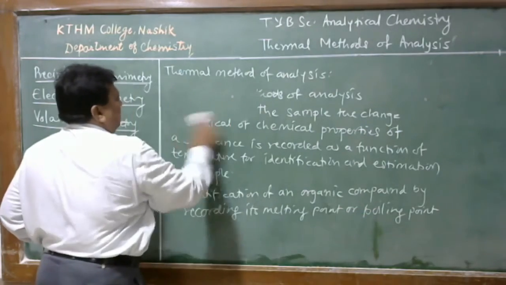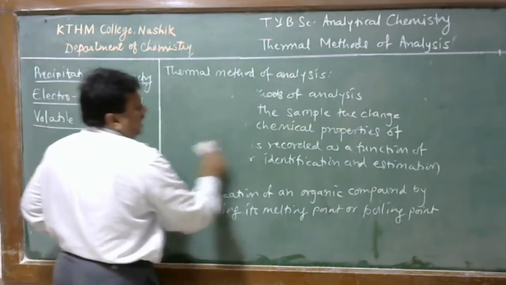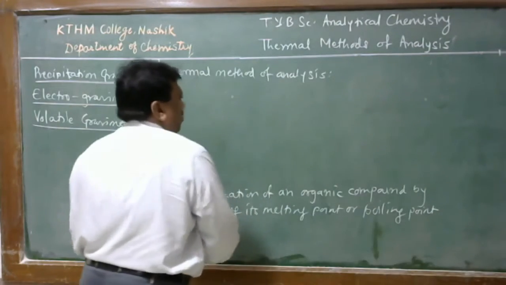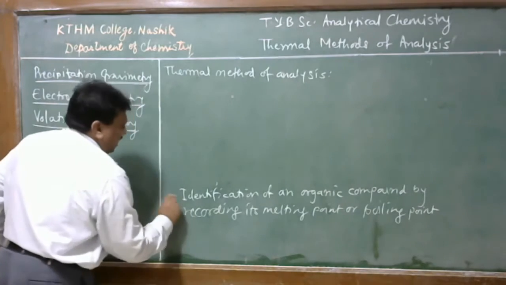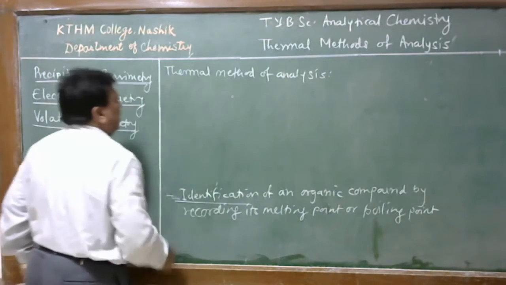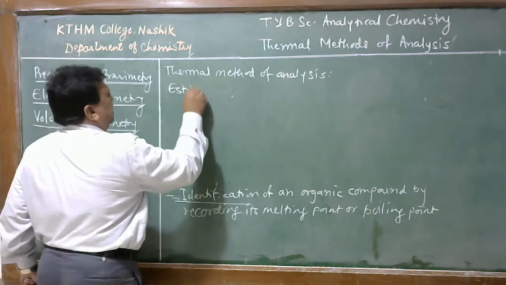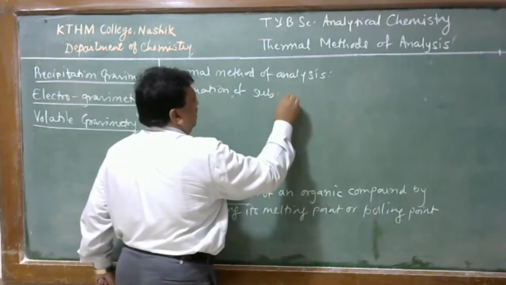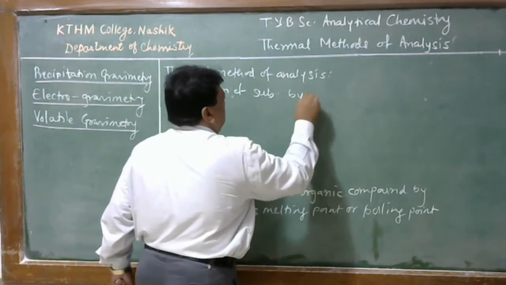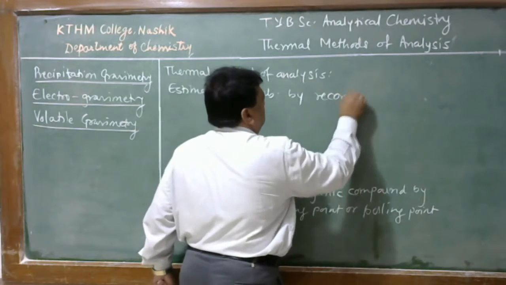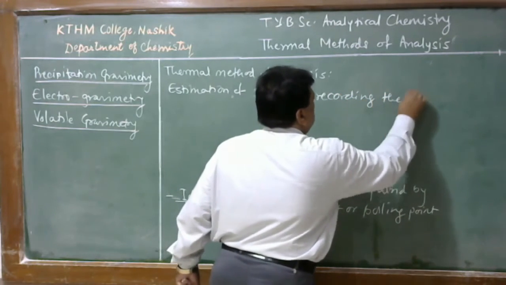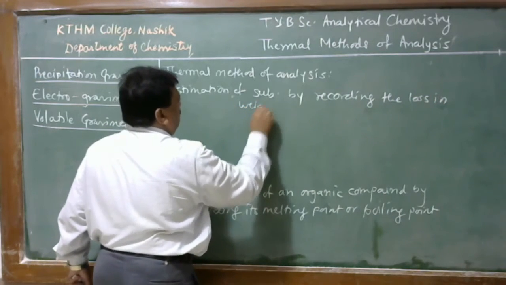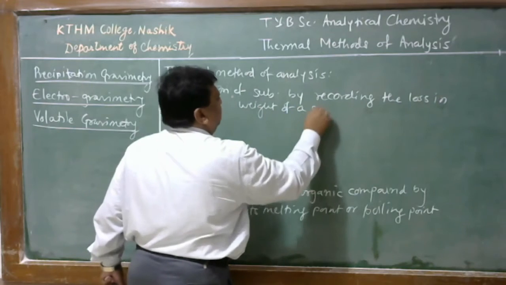In addition to this, the thermal methods can be used for quantification of a substance. We can determine the amount of substance. Therefore, identification as well as estimation is carried out. Estimation of a substance is carried out by recording the loss in weight of a substance.